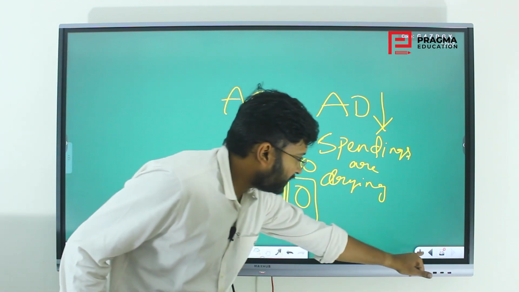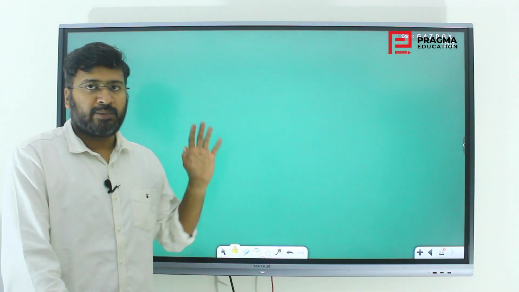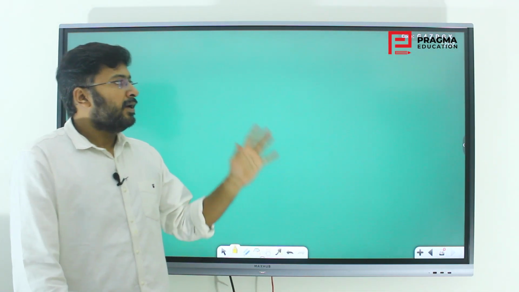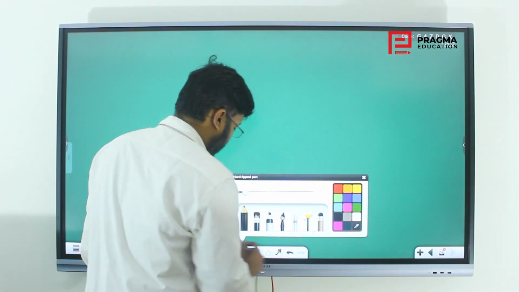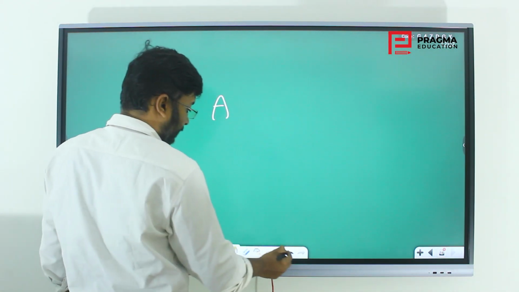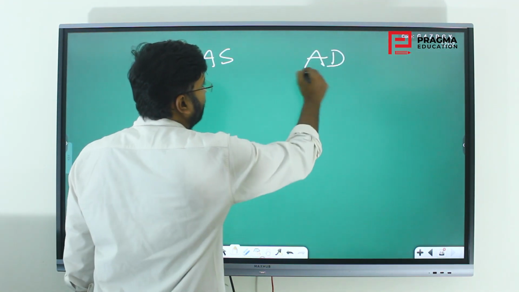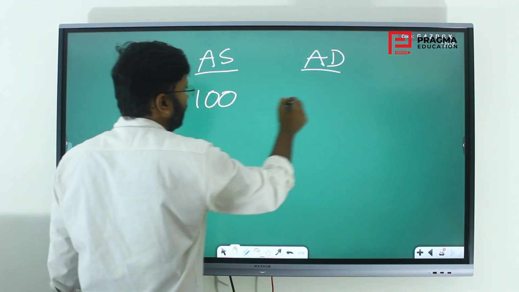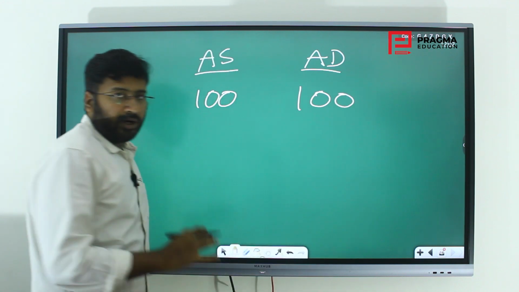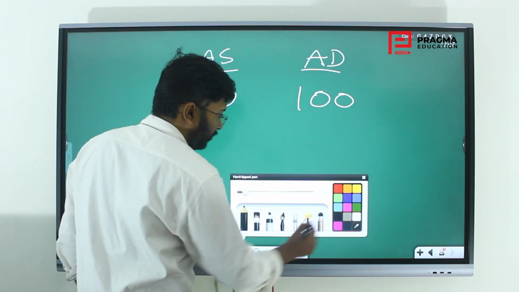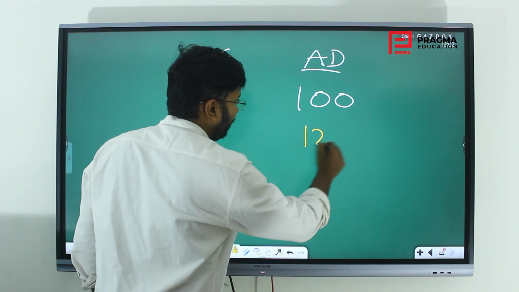Here I would just like to add one conceptual thing, because deflation is also complicated. As we have seen in the example, the aggregate supply and aggregate demand are here. Hypothetical example 100 we have seen. So what happened when the demand has risen to 125?